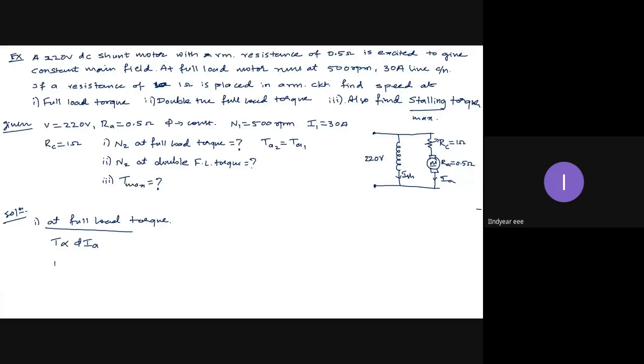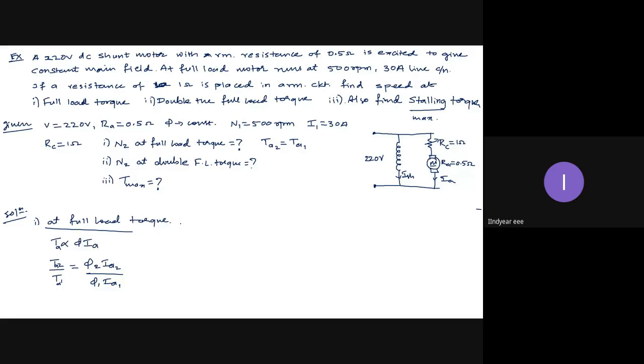Therefore, T2 by T1 or TA2 by TA1 is equal to phi 2 IA2 by phi 1 I1. This relation we already have seen.